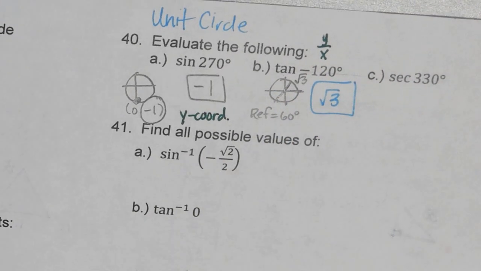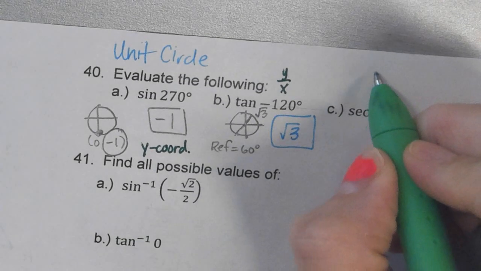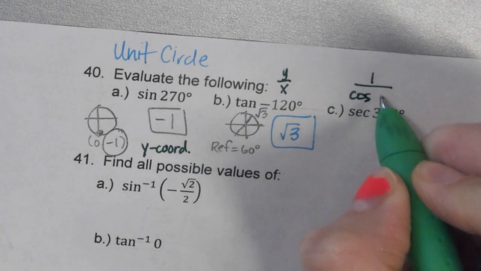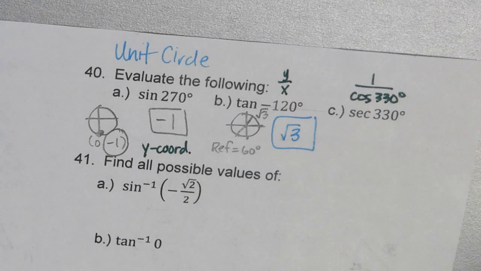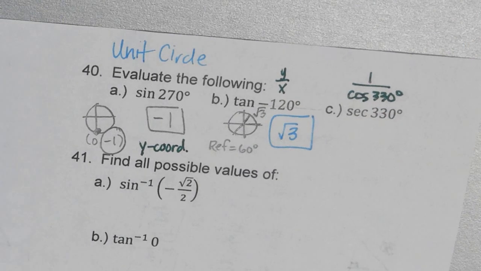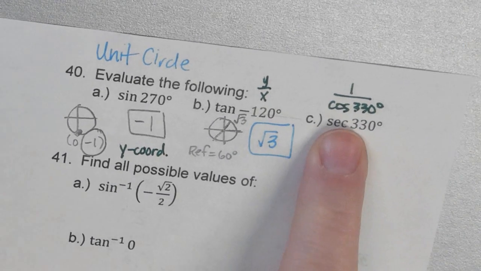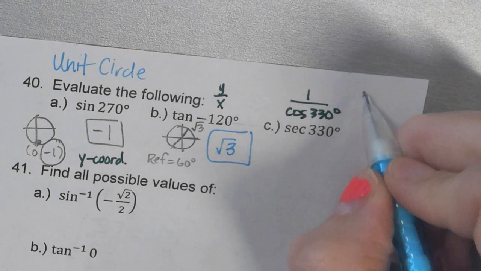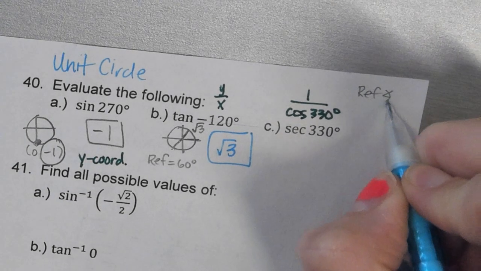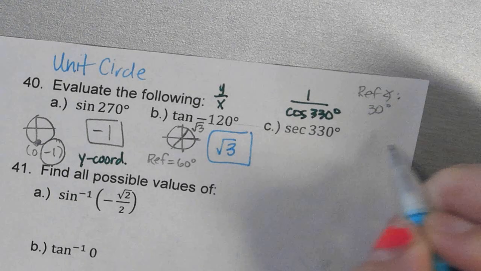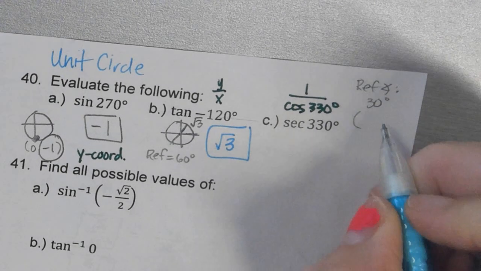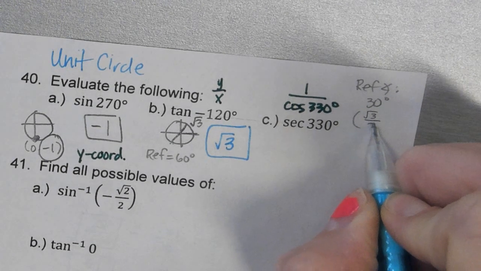For the secant of 330, that's like 1 over the cosine at 330. Again, you could use your reference angle. At 330 degrees, do we know what the reference angle is? 30. So at 30 degrees, your point is (√3/2, 1/2).